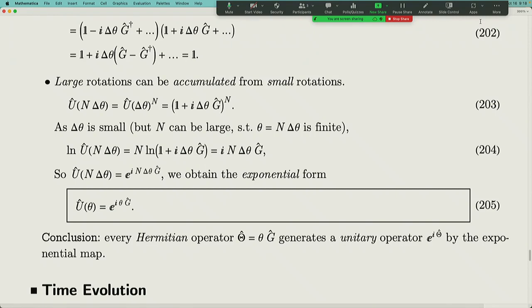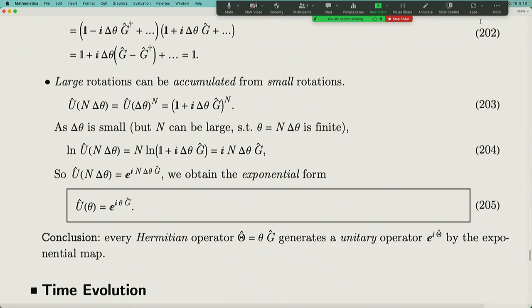Any questions? Yes? Why does the ln go away in the second step? Because ln has a very nice property: log of 1 plus x has a Taylor expansion in x, and that goes like x plus other subleading terms.